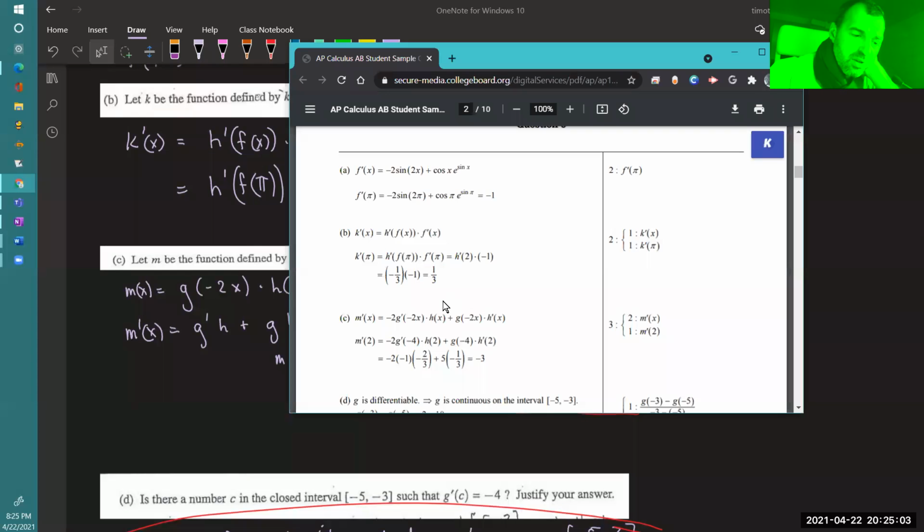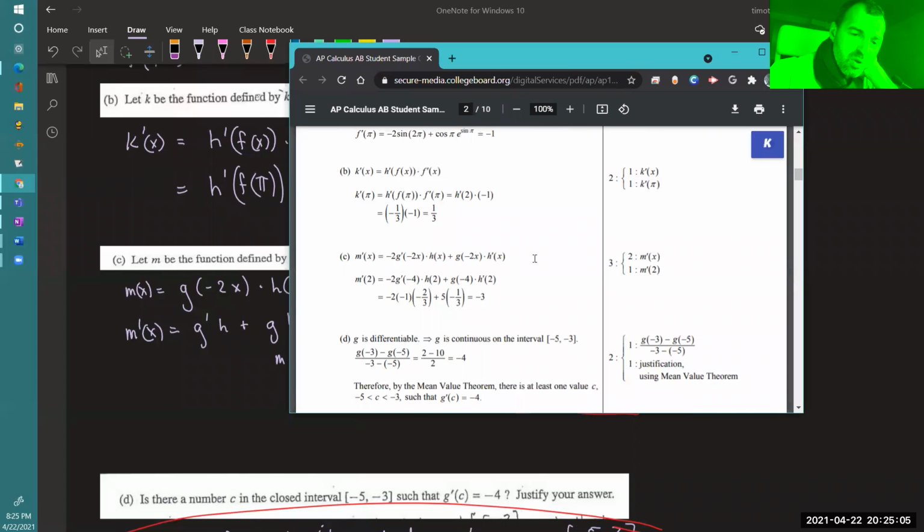Okay. Now, let's look at part C. Where do I get my points? I get 3 points, 2 of them for figuring out m prime of x, which is this thing. Okay. Now, where do you get those 2 points? You probably get a point for knowing to use the product rule. And then you probably get another point for this little section right in here.